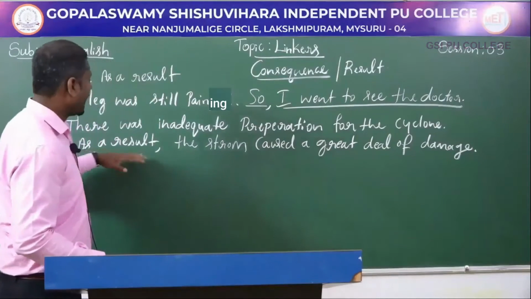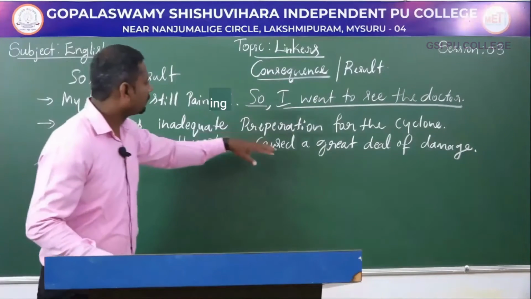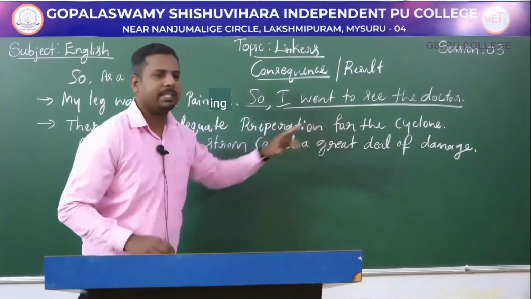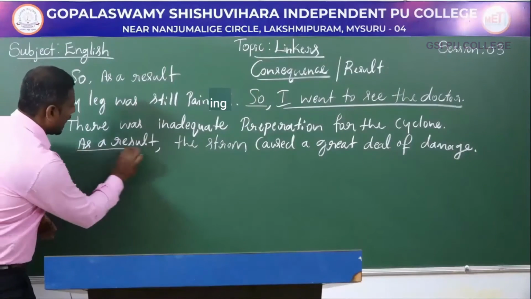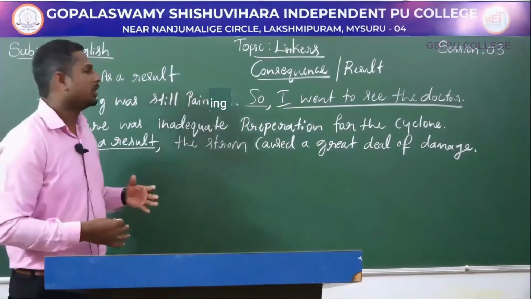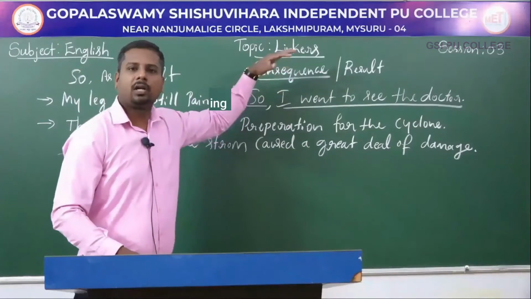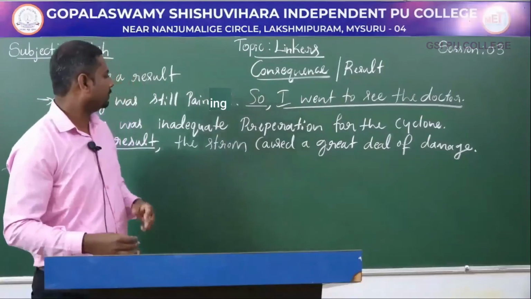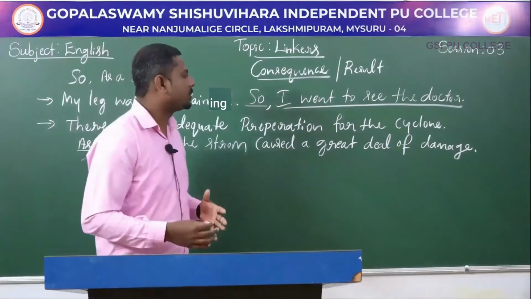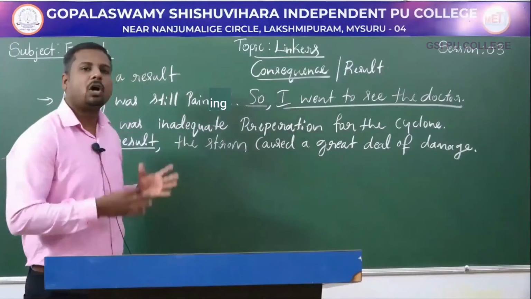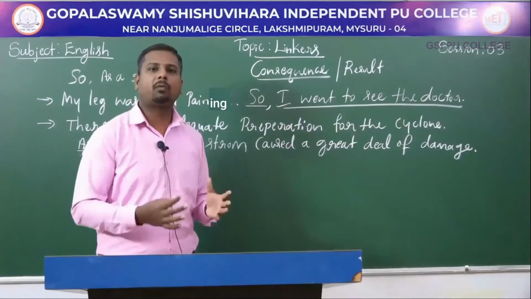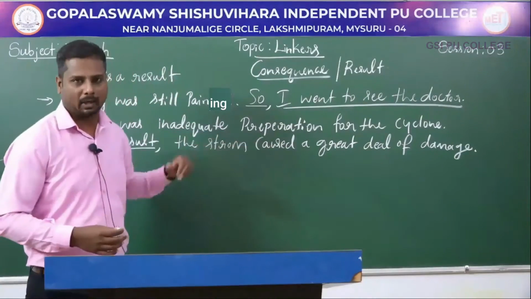As a result, the storm caused a great deal of damage. So here you can see the phrase as a result shows the consequence. The disaster caused by the storm is the result of not having proper or adequate preparation for the cyclone.